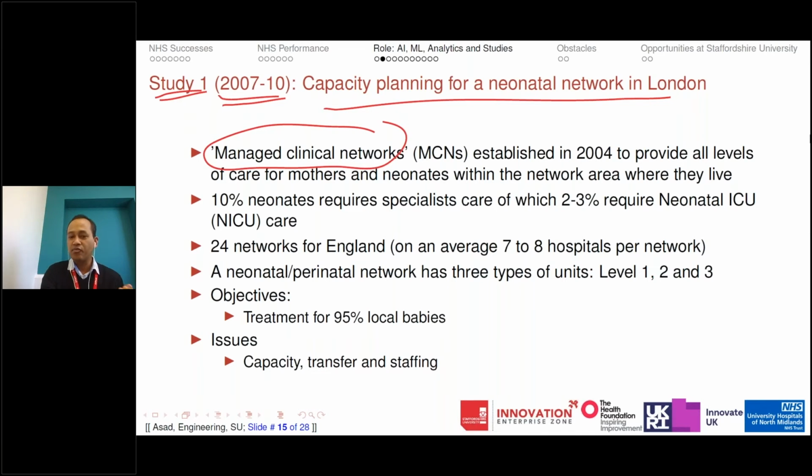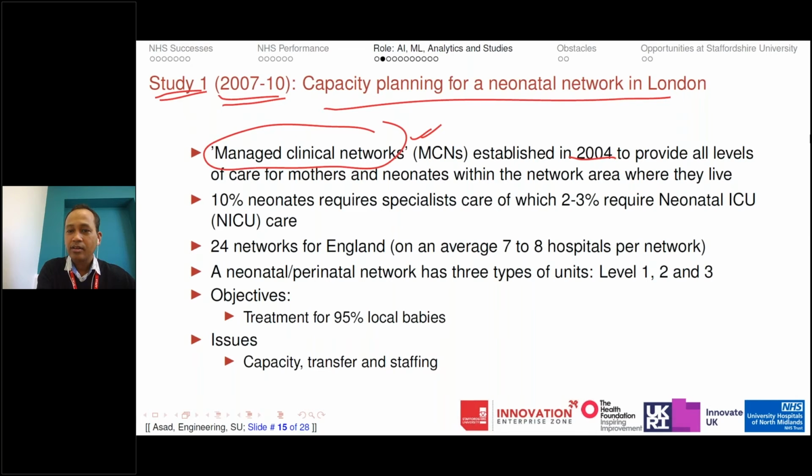Before 2004, neonatal care was less organized, I would say. Each hospital provided care individually. After a recommendation from the Department of Health, managed clinical networks were established in 2004 to provide more organized and shared care for mothers and neonates within their catchment area.